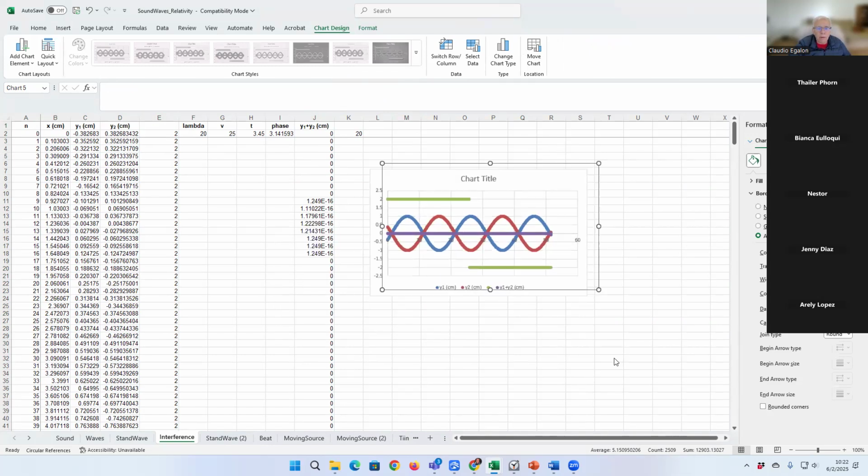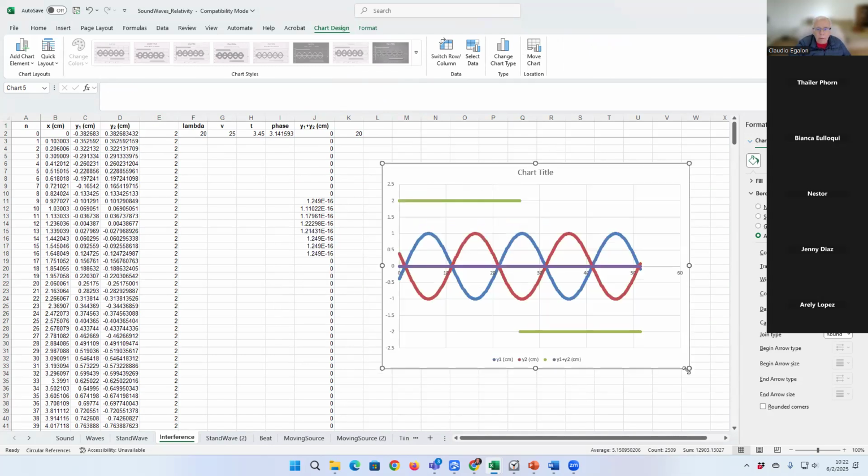The first wave is the blue wave, the second wave is the red wave. This other wave right in here is the first wave plus the second wave. And I'm putting this one here just as a placeholder to make sure that the scale is not changed when I'm doing the simulation.